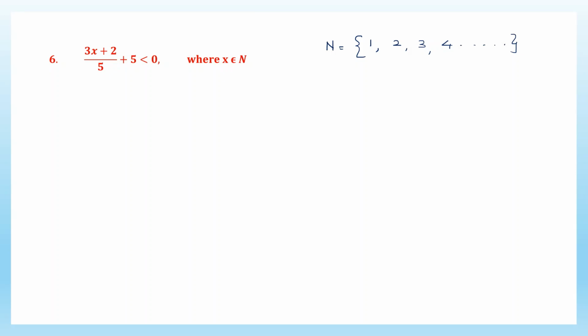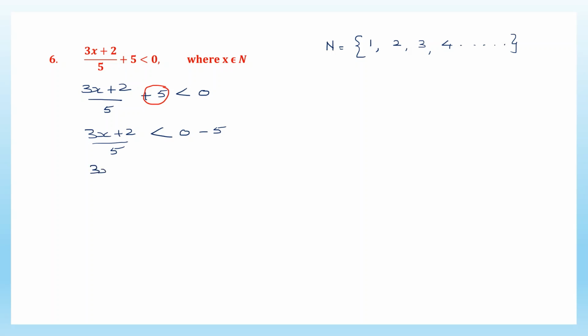Okay, so now let's solve for x. 3x plus 2 by 5 plus 5 is less than 0. So 3x plus 2 by 5 will be less than 0 minus 5, because we have transposed this plus 5 to the right hand side. It's become minus 5.